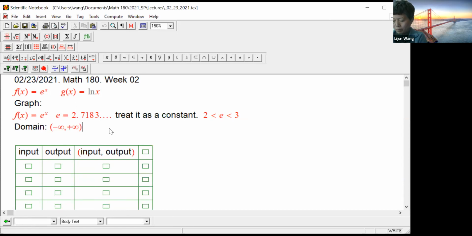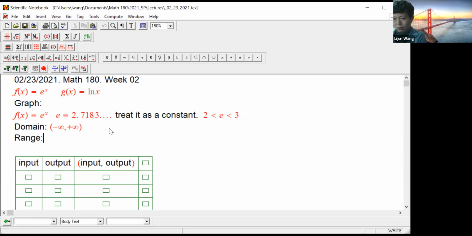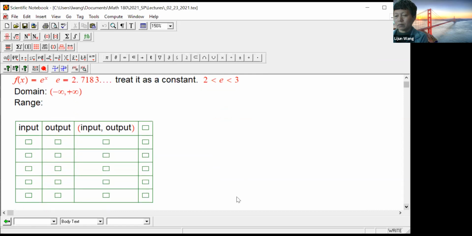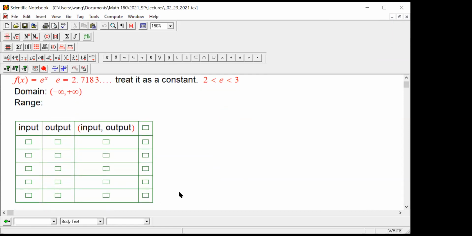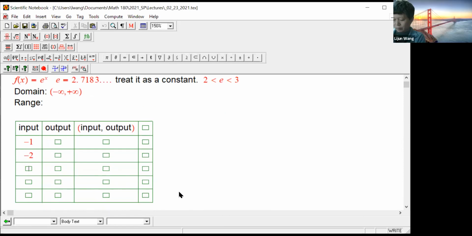And I'm going to put the question right here. Tell me what's the range. All real numbers greater than 0. Perfect. Perfect answer. Okay, all real numbers greater than 0.